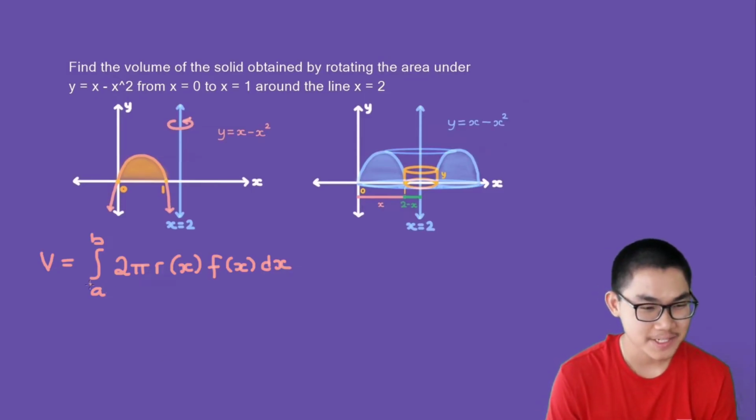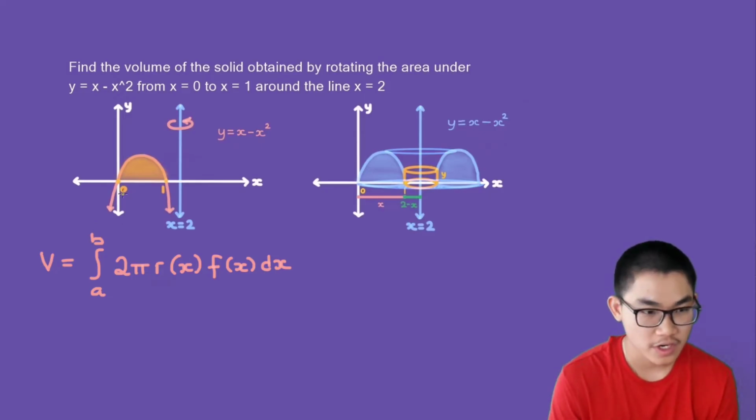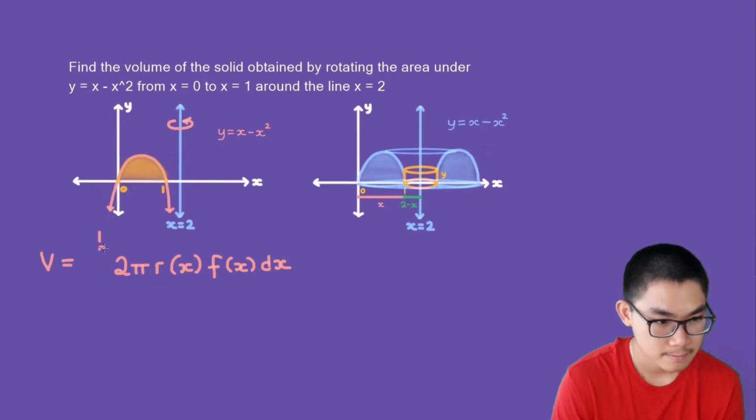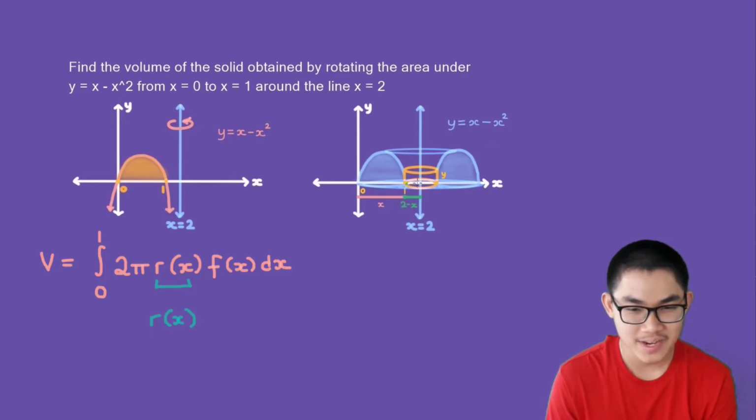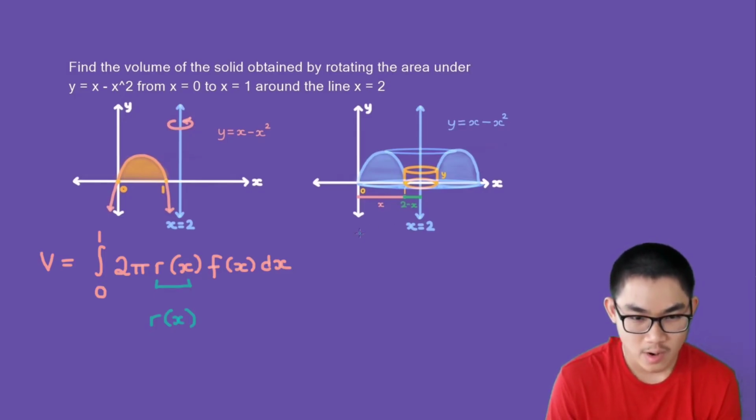So the first step is to find a and b. Our original function goes from 0 to 1. So a is 0 and b is 1. What is the radius? Well, if you look at the diagram, we know that the distance from here to here is 2.